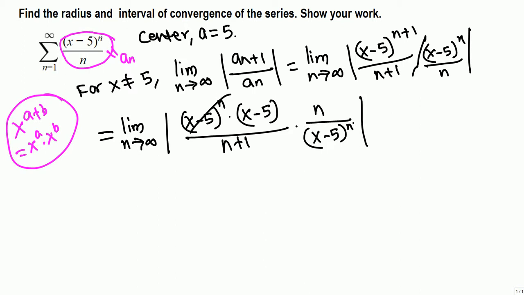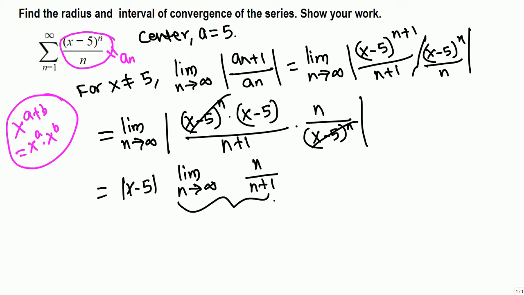Now these two factors cancel, and this limit is concerned with n and n plus 1, so we can pull x minus 5 all the way outside with absolute value. So absolute value of x minus 5, limit as n goes to infinity of n over n plus 1, absolute value, but that is not needed because n and n plus 1 are always positive.